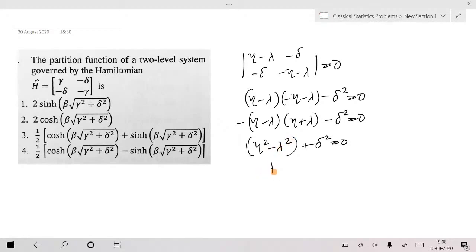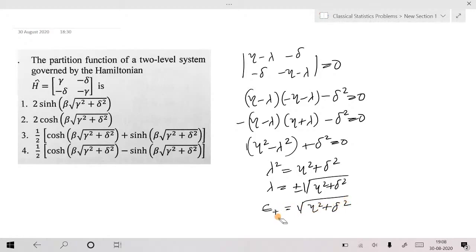Lambda square is equal to gamma square plus delta square. Lambda is equal to plus or minus root of gamma square plus delta square. These are the energies. E1, that's equal to plus root of gamma square plus delta square, and E2 is equal to minus root of gamma square plus delta square.